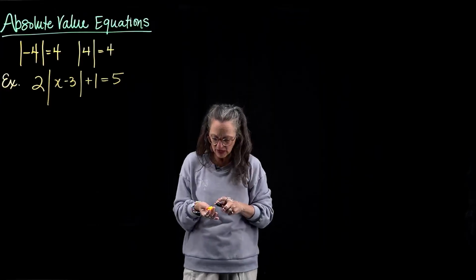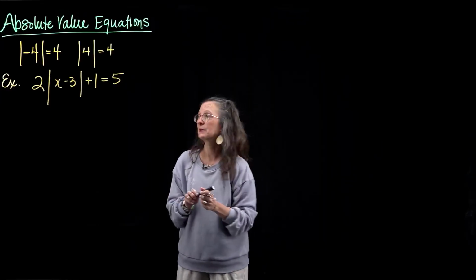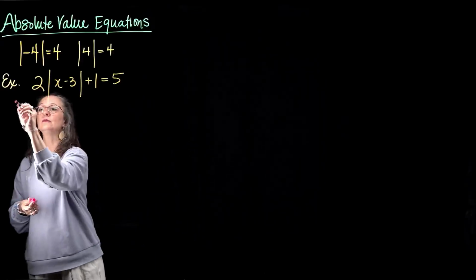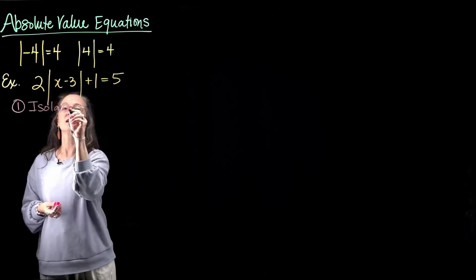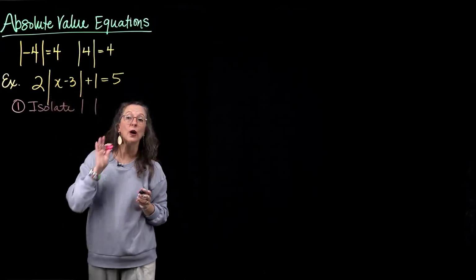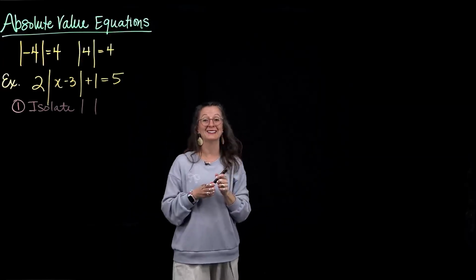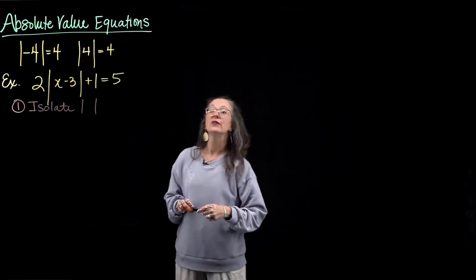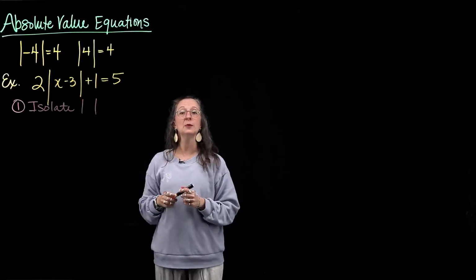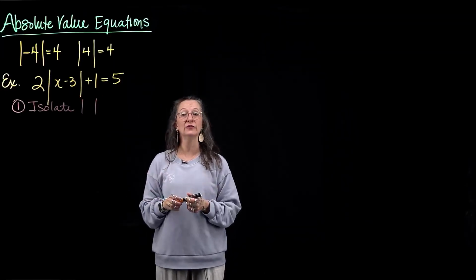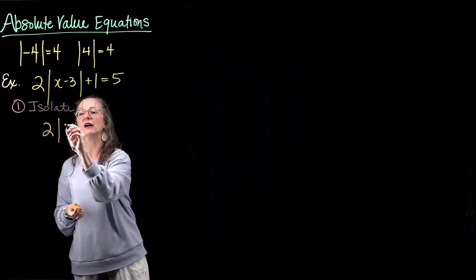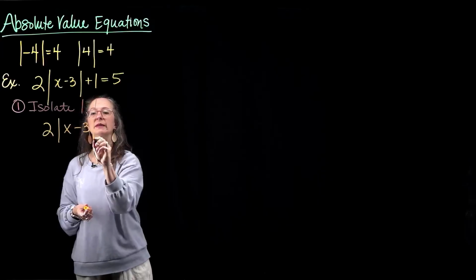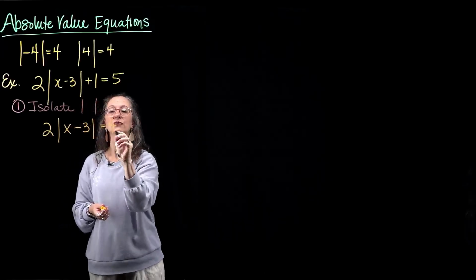All right, so let's write out some steps. The first thing I want to do is isolate that absolute value. I want to get it all the way by itself. So the first thing I'm going to do on my example is subtract 1 from both sides, and I'm going to rewrite this as 2 times absolute value of x minus 3 is equal to 4.